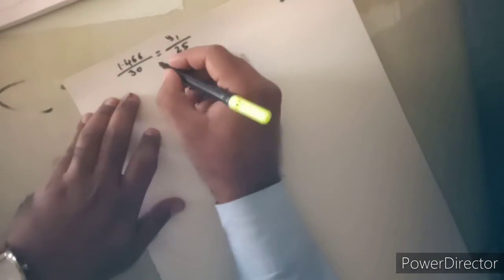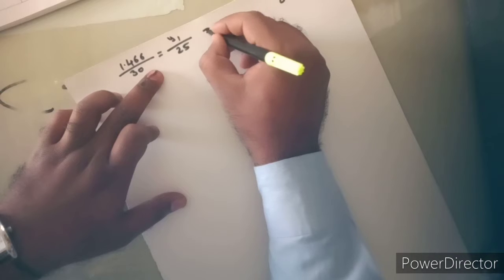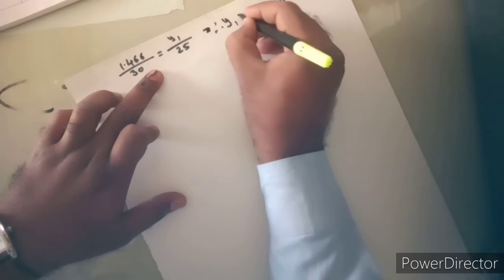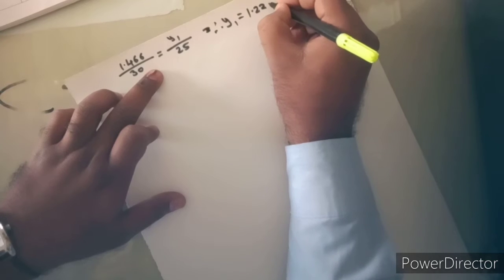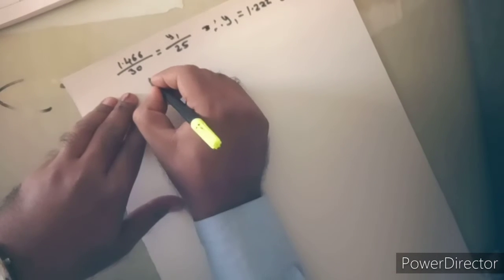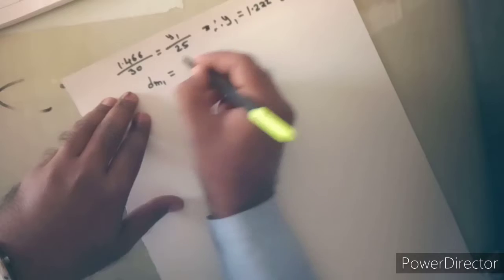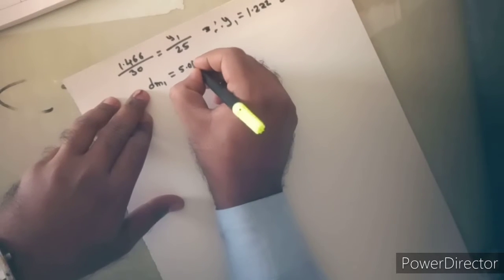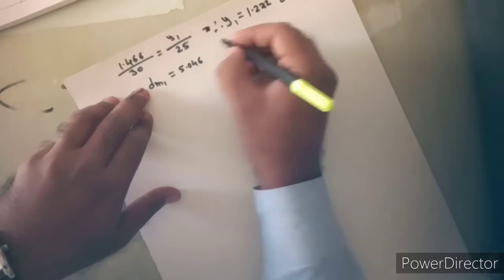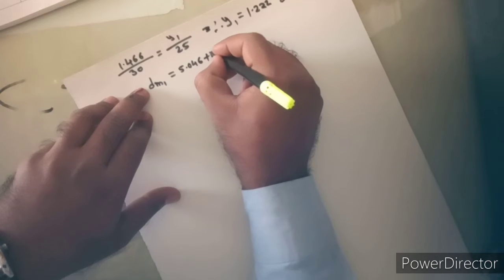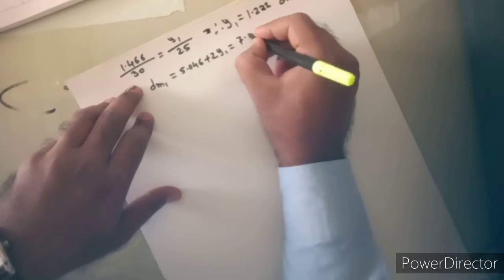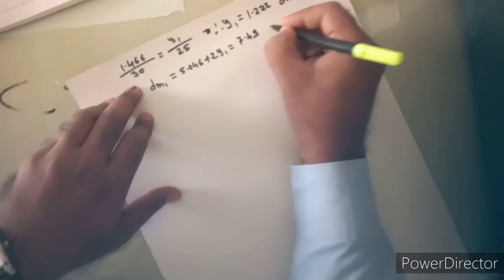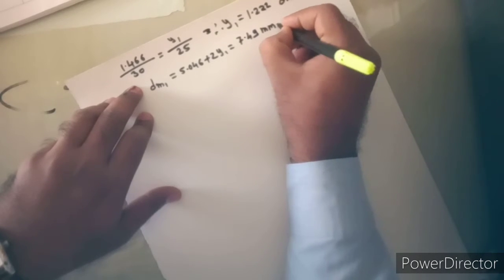From this, y1 is equal to 1.22. Then DM1 is equal to 5.046, the middle diameter, plus 2 into y1, which gives 7.49 mm.